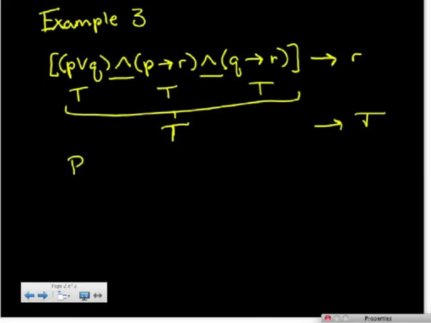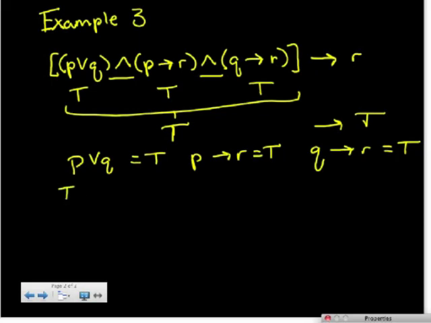So for each of those statements to be true, we have P or Q must be true, and we have P implies R must be true, and we have Q implies R must be true. So if P or Q must be true, then that means either P is true or Q is true for this entire statement to be true.